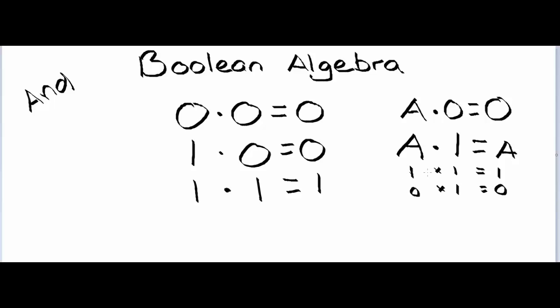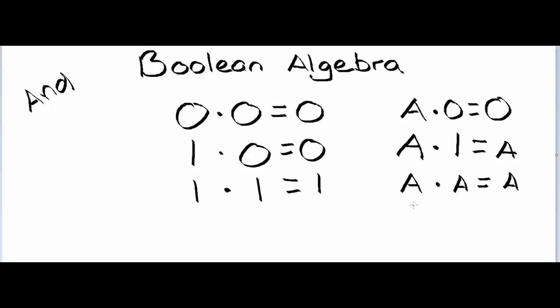So you can see that they match up, so A is 1 and A is 0. We can also say that A multiplied by A, again, always equals A, because if A is 0, 0 times 0 is 0, and 1 times 1 is 1. So it's always going to match up.